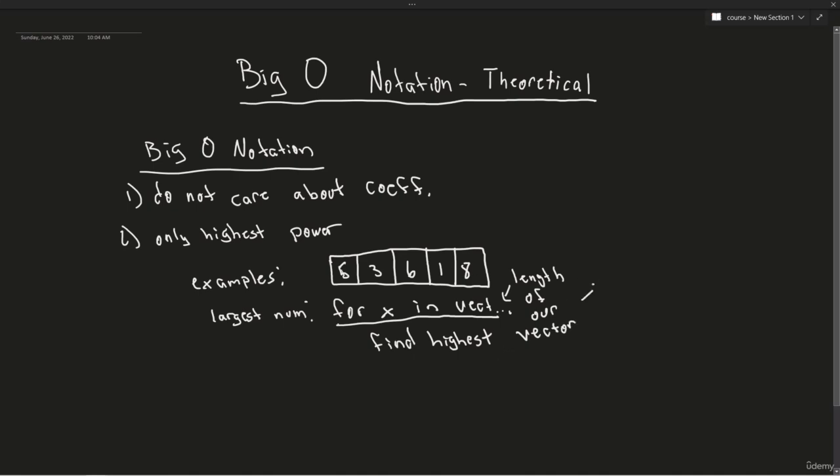So this correlates to n for how many items we have, right? And so by doing this find the highest logic inside of this iteration, we can logically conclude, since we're only having to iterate through the vector one time, that our big O notation is going to be O of n. And why is it O of n? Because we're only going through the vector one time, right?